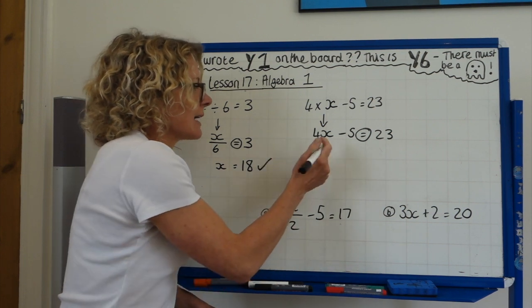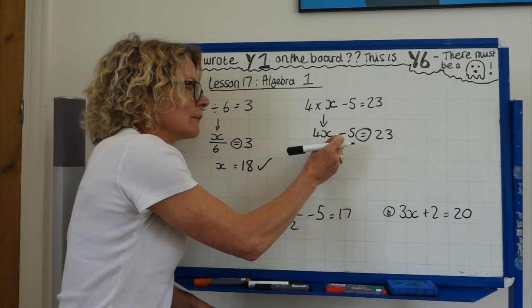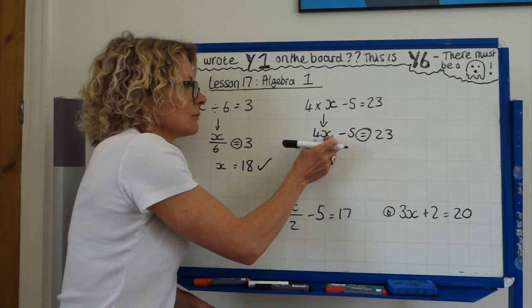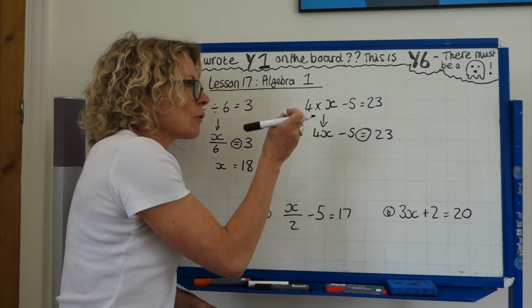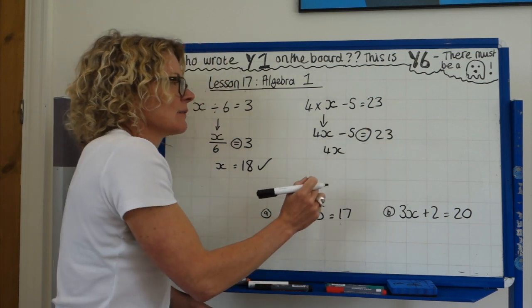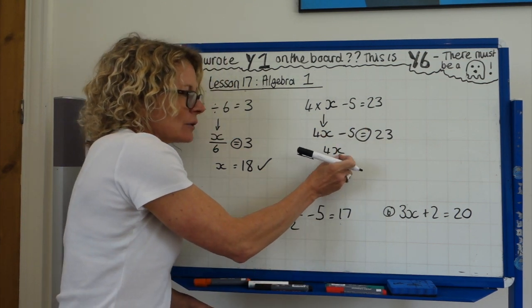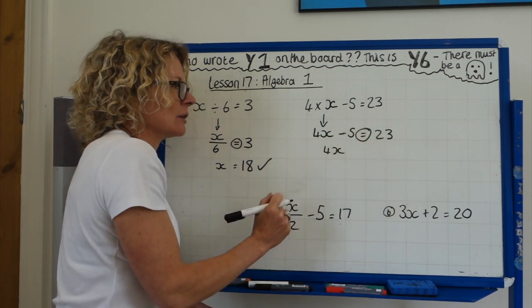So let's try to get that X on its own. That's what I always say. Then you're working out what it's worth, okay? So 4 lots of X minus 5 equal 23. So therefore, what do 4 lots of X equal? Let's get rid of this minus 5, so we're getting down to find out what that X is equal to, balancing that equation.